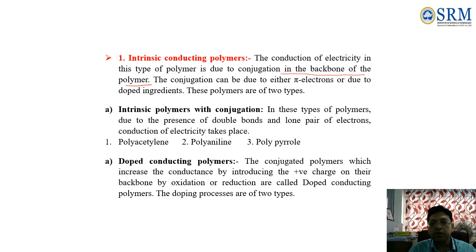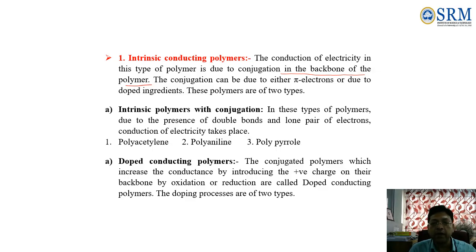Intrinsic polymers with conjugation: in this type of polymer, because of the presence of double bonds or lone pairs of electrons, conduction of electricity takes place. So in this case, we are not adding any dopants. We are not adding any ingredient from outside. This is very inherent in nature.